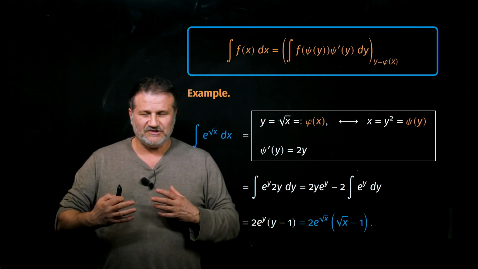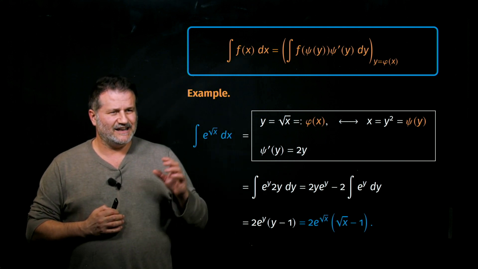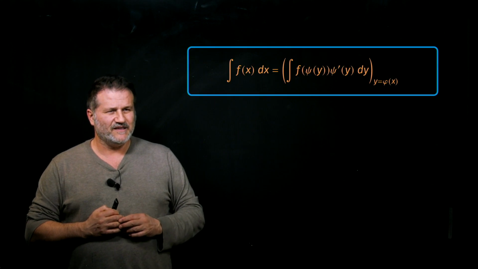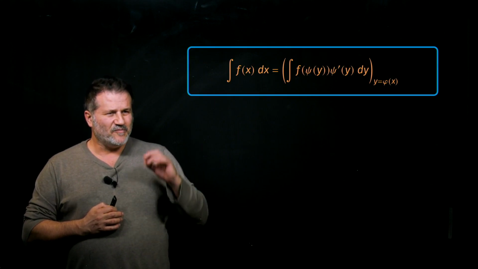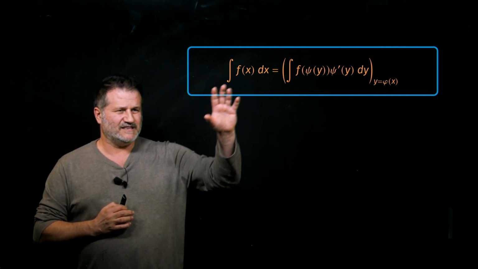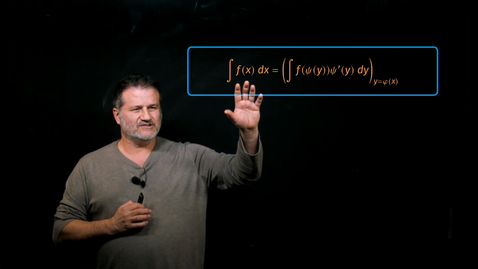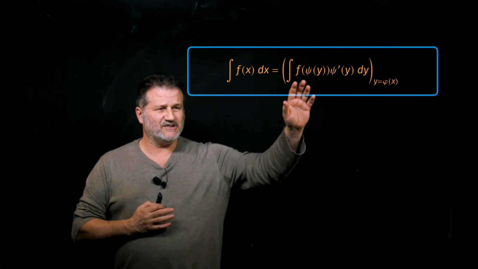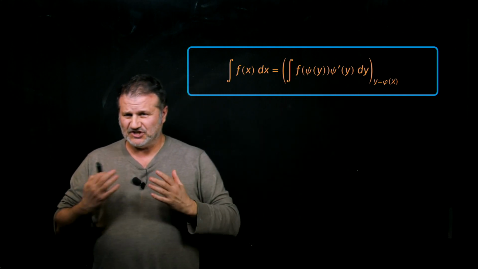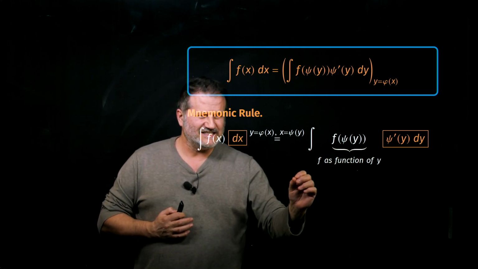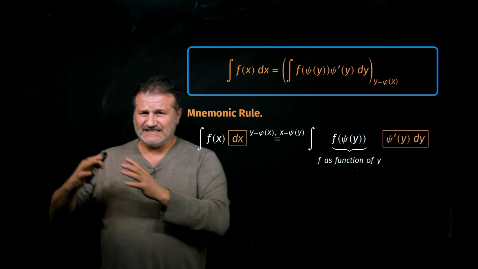Before we illustrate more examples, let's make just a remark on the general formula. Now, the important fact is that when you look at this formula, this is normally the starting point, so your primitive, and this is what you want to compute really, because this is what you get after the change of variable. Now, as we said, this part here is nothing but f seen as a function of y.